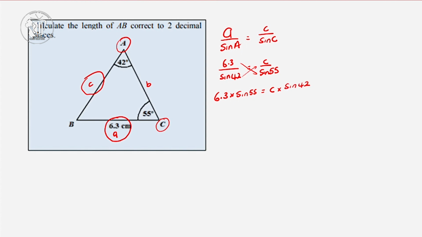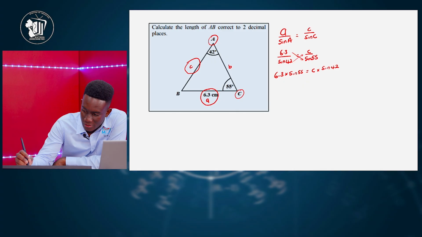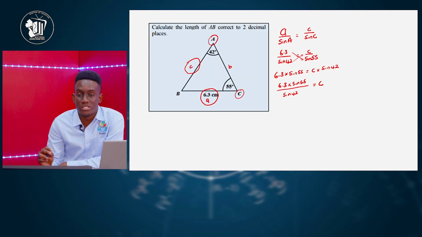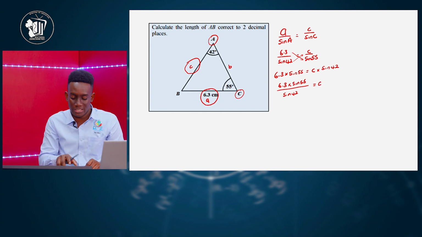And then to solve for c, we see the sine 42 is multiplying, so when we take it over the equal sign, it will divide. So we'll have 6.3 times sine 55, don't work it out as yet, all divided by sine 42, and that is equal to c. And now to solve for c, we just put all of this in our calculator.